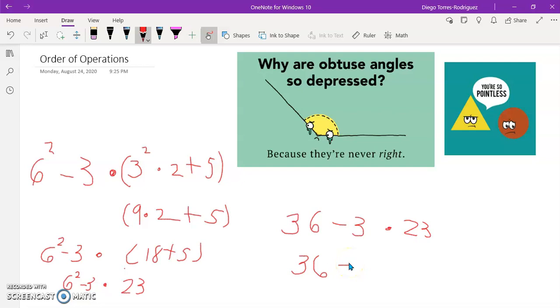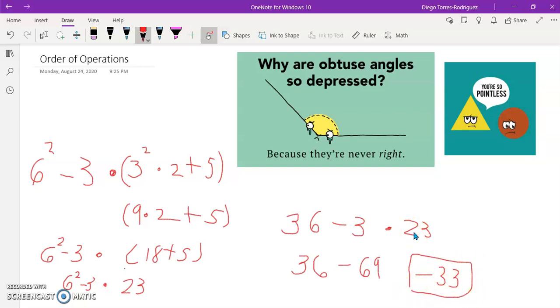Therefore, negative 3 times 23 makes negative 69. And the last PEMDAS rule would be subtraction because there's nothing else to do right here. Only subtraction from left to right. That would be 36 minus 69, which is negative 33 as our answer, guys.